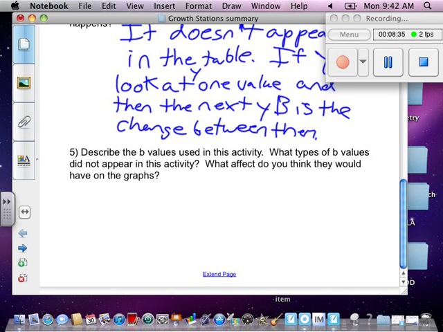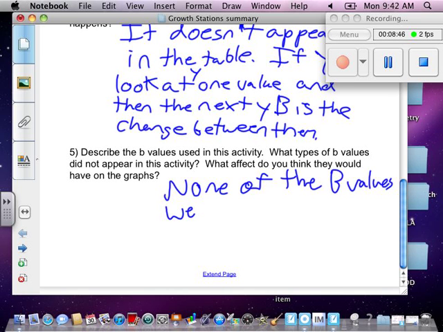No. None of the B values were fractions. What effect do you think they would have on the graphs?